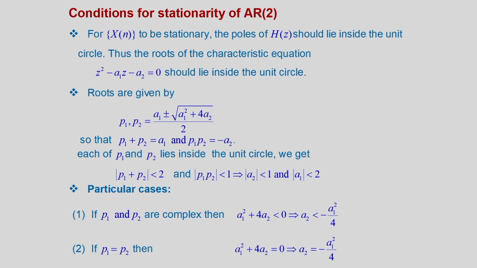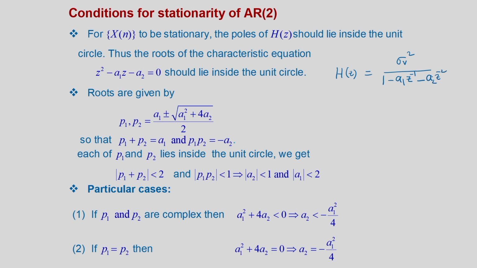Thus, the roots of the characteristic equation, which we get by putting the denominator equal to 0. So, our H(z) was sigma_v square divided by 1 minus a1 z to the power minus 1 minus a2 z to the power minus 2.